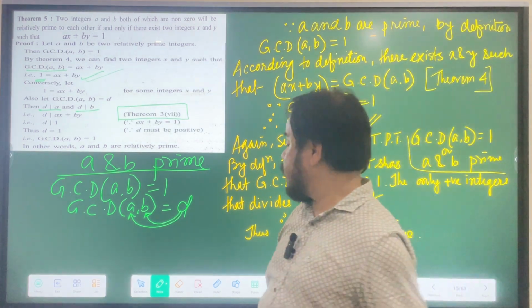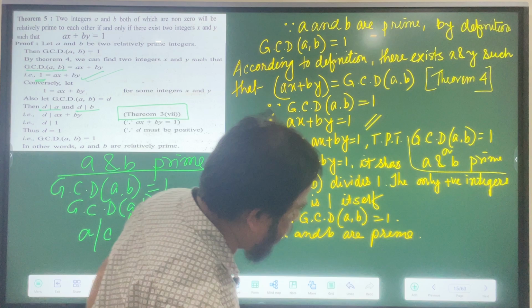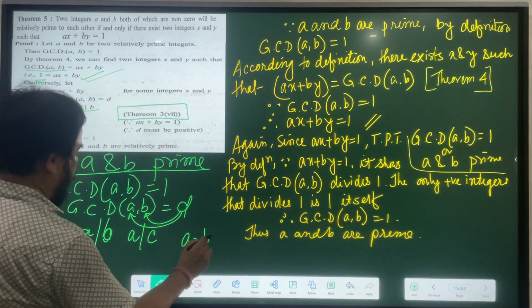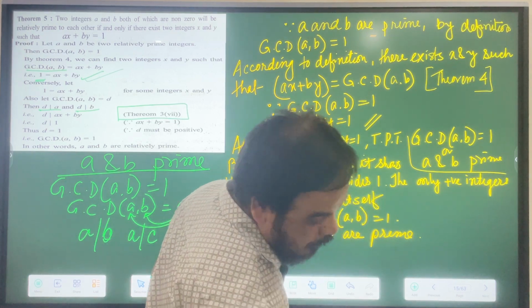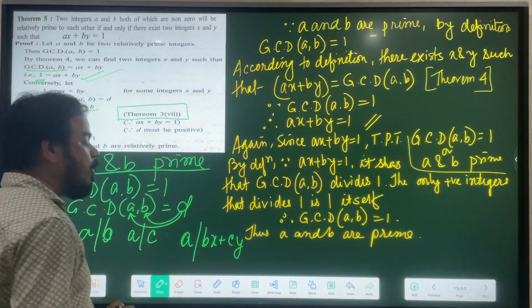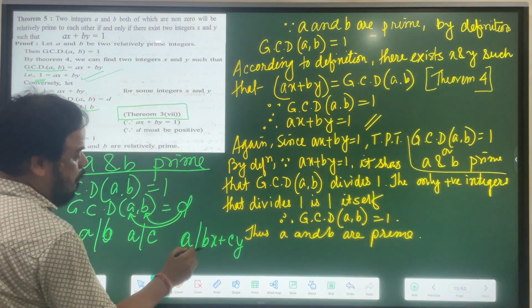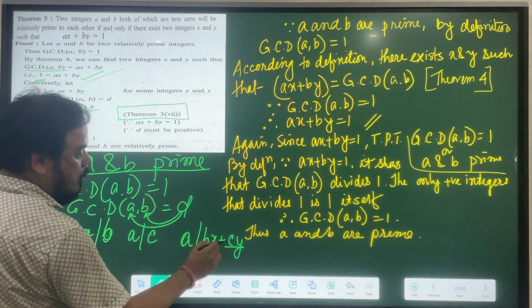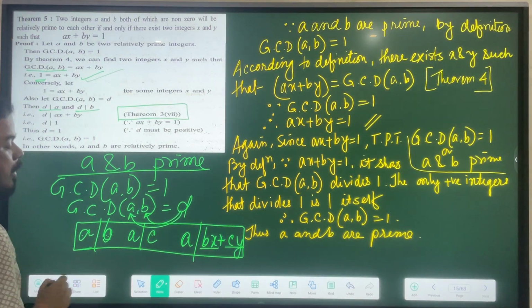A divides B, A divides C, then A divides bx plus cy, where B and C are integers, and the sum will also be divisible. This is the theorem.